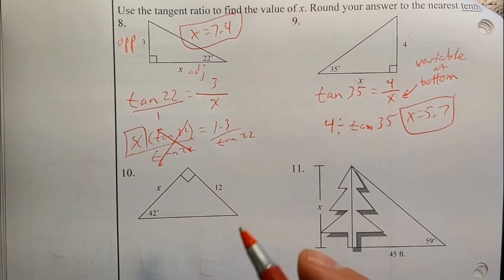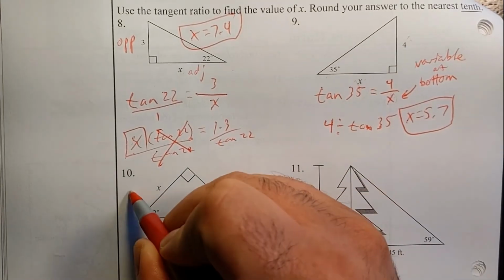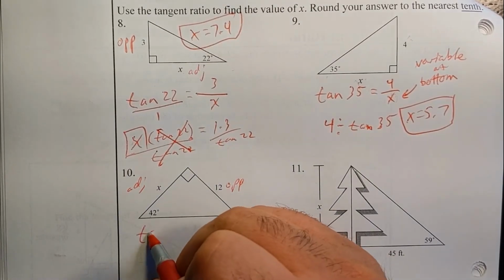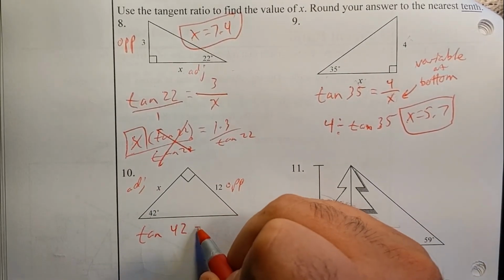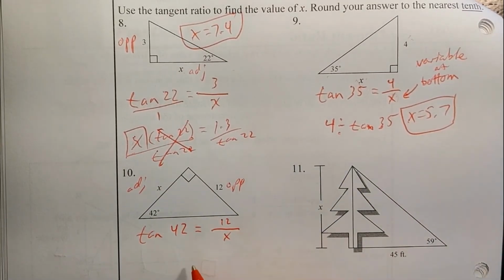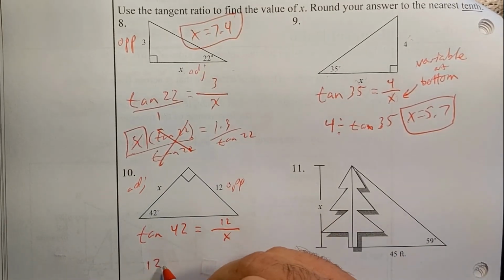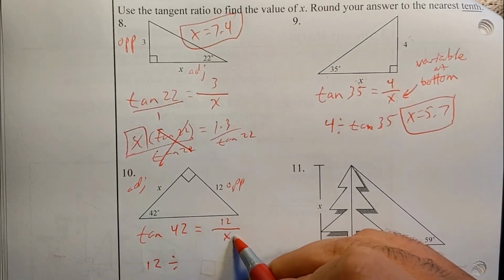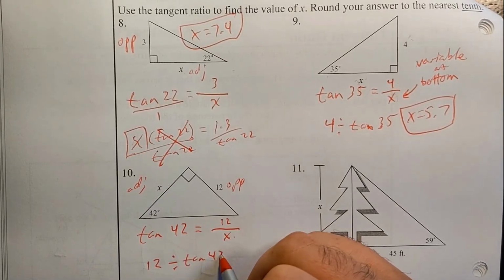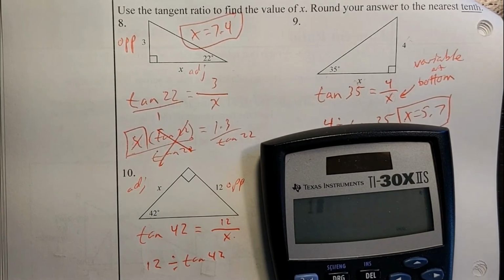So like on number 10, from here, 12 is my opposite, x is my adjacent, so I'm doing the tangent of the angle, the opposite goes on top, the adjacent goes down to the bottom, and then I go, it's on the bottom, I'm going to divide, the number from the fraction goes first, divide because the x was on the bottom, tangent of 42 is your trig function, and then it goes in your calculator. So 12 divided by tangent 42, and you get 13.3.